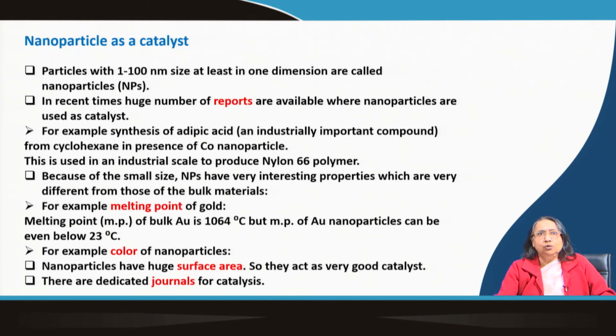That is why one dimension is coming. Because one dimension, the diameter, is 50 nanometers, even if the length is much higher, at 1000 nanometers, beyond the 1 to 100 nanometer range, it is still called a nanoparticle. It is called a nanowire.